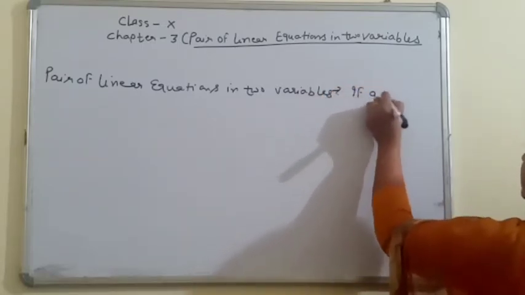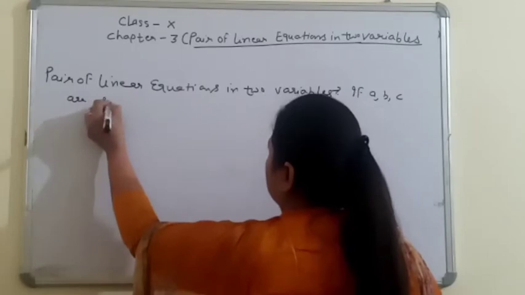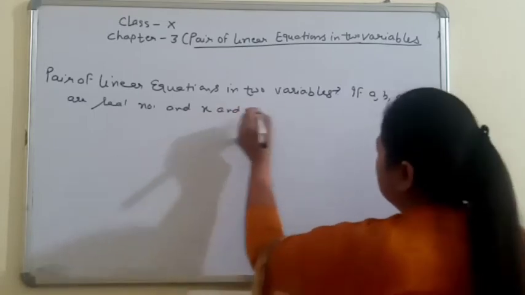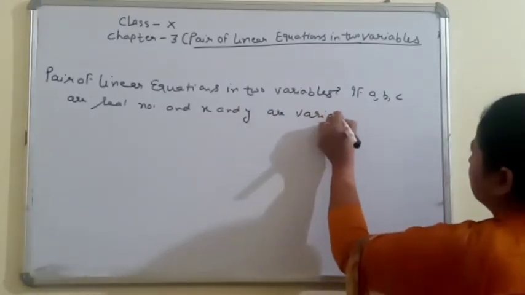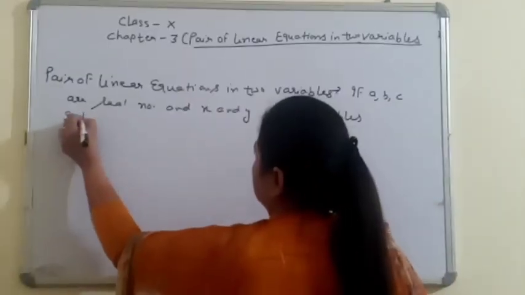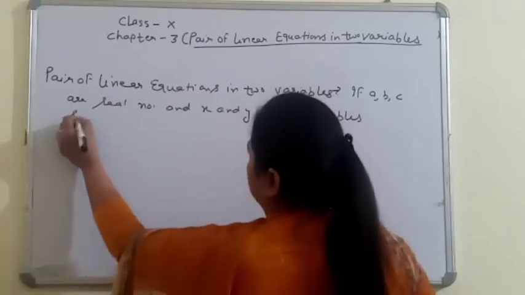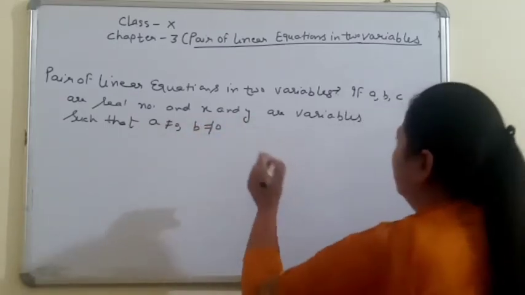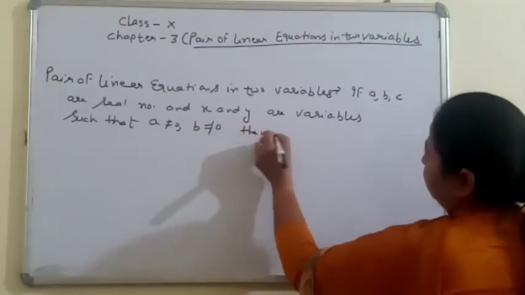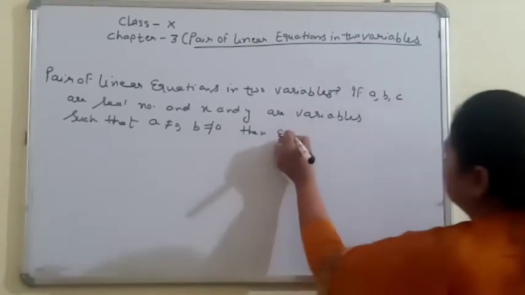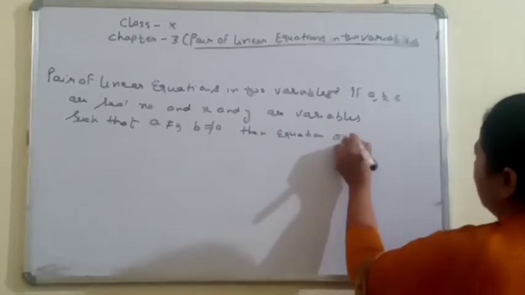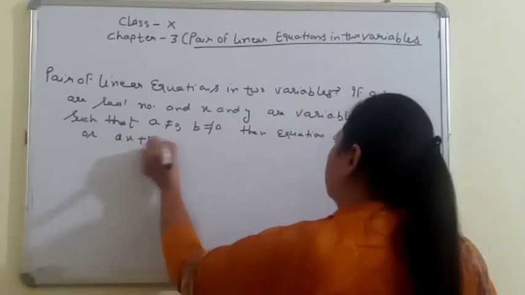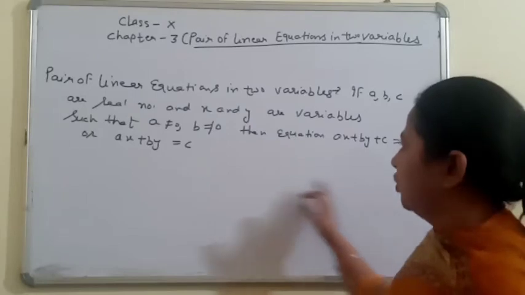If a, b, c are real numbers and x and y are variables such that a not equal to 0, b not equal to 0, the equation ax plus by plus c equal to 0, or ax plus by equal to c, is called a linear equation in two variables.